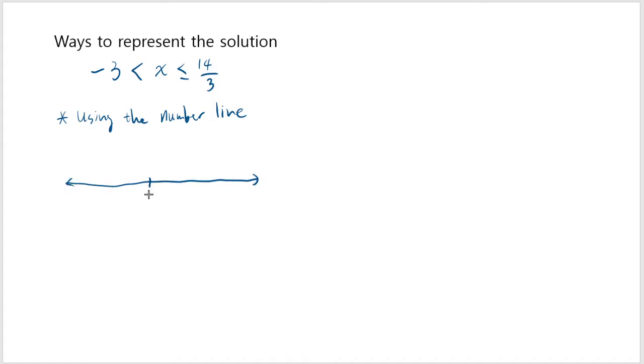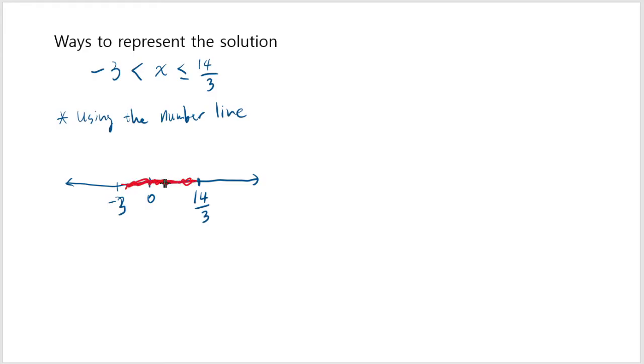Let's say here's 0, and negative 3 will be left of 0, right? Whereas 14 over 5, that's about 3. So let's just say here's 14 over 5. You don't have to be exact. Okay. Now then, your x has to be between these two numbers, so you should say that x is somewhere here.